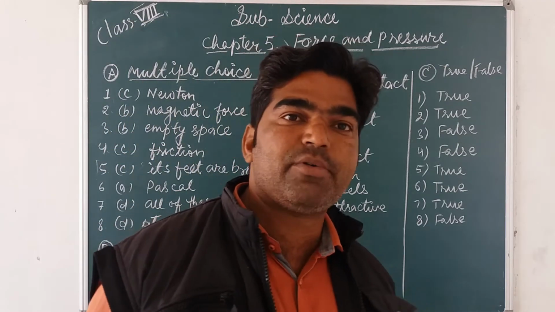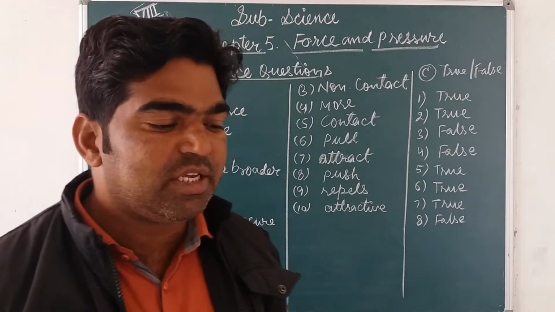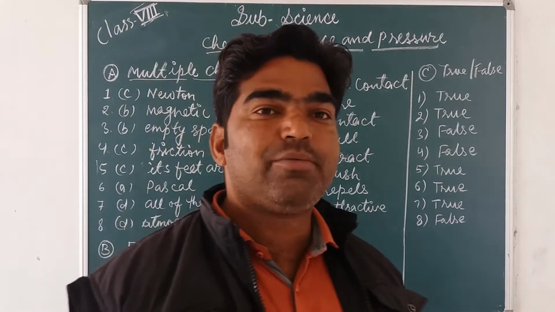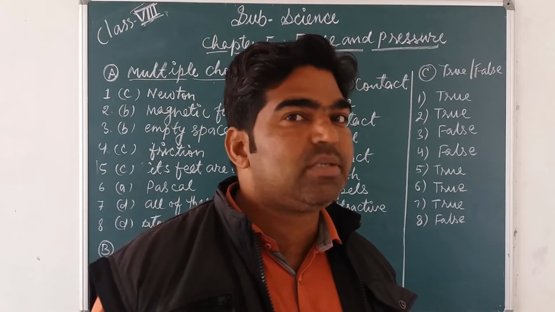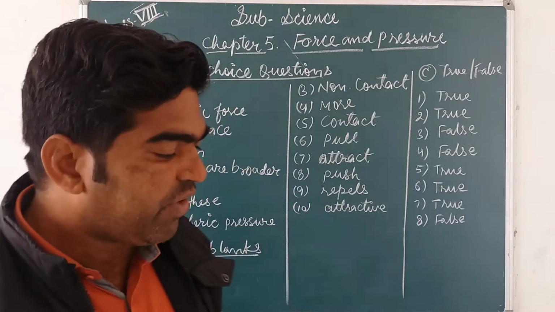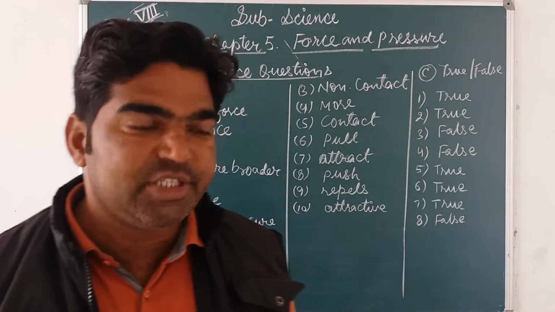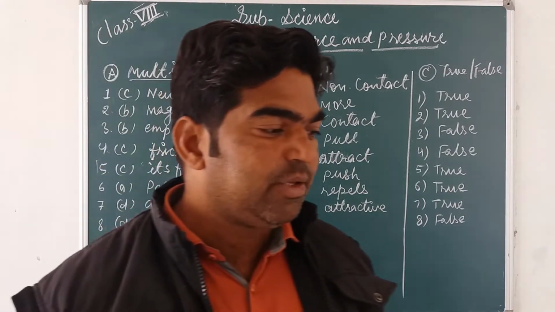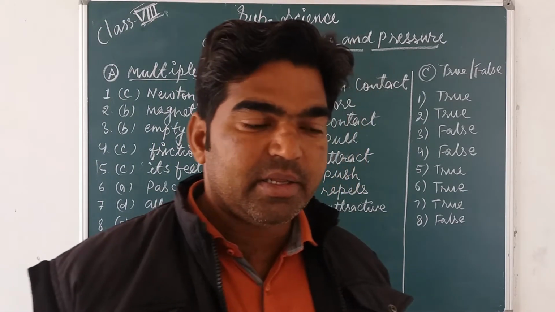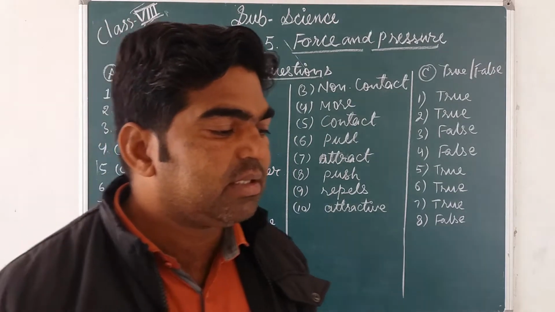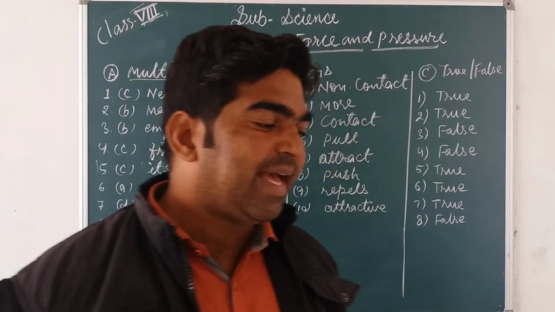First we discuss the MCQs, multiple choice questions. Four options are given and you have to select the best one out of four. First question, see page number A72 in your textbook. You can tick the correct answer in your textbook.